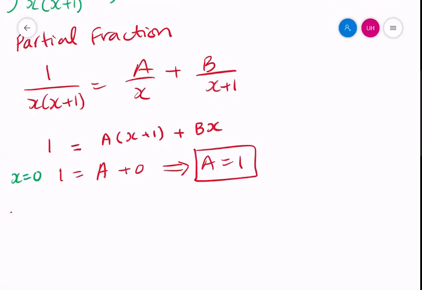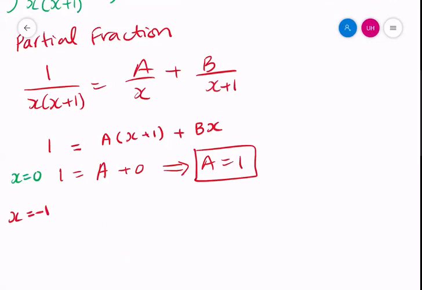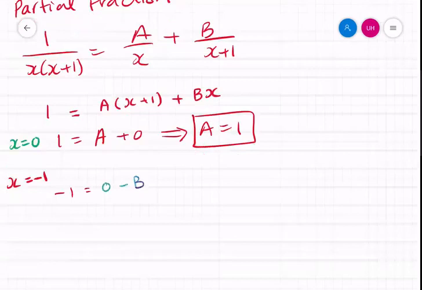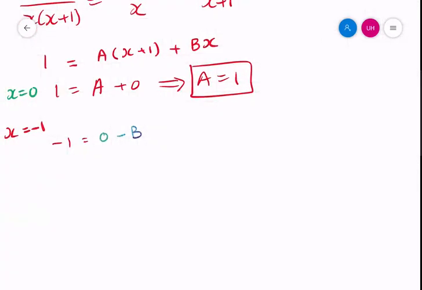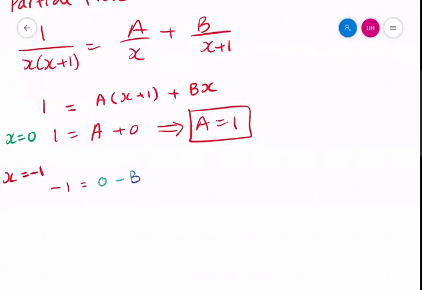And when x equals minus 1, then minus 1 here, we get 1 equals 0 minus b, therefore b equals minus 1.